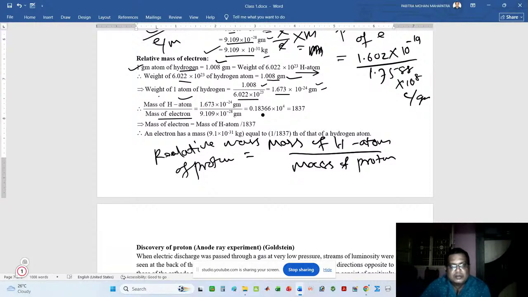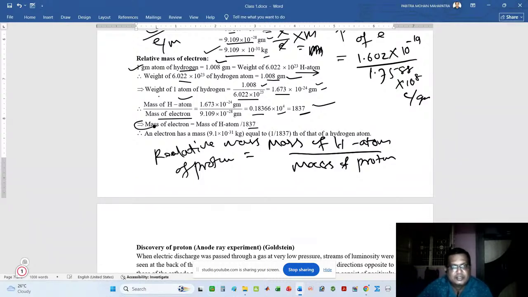If you solve, you will get 0.18366 into 10 to the 4, which is equal to 1837. So here I can say that the mass of the electron is equal to the mass of hydrogen divided by 1837.